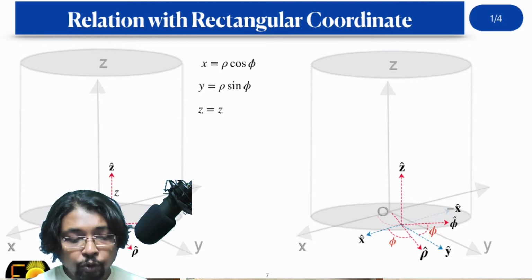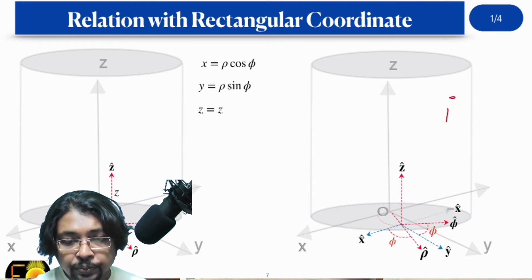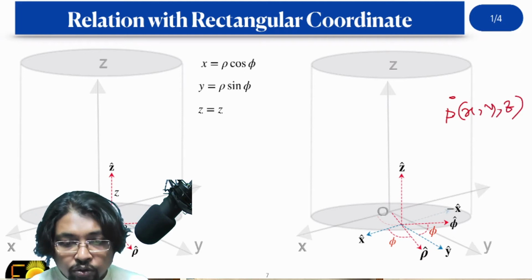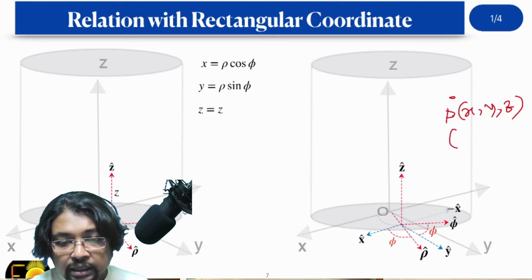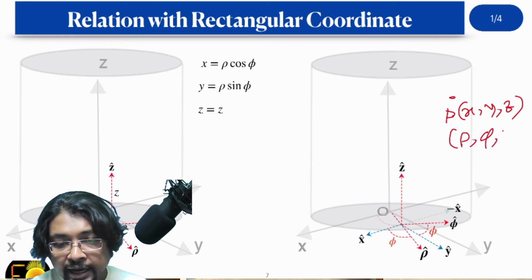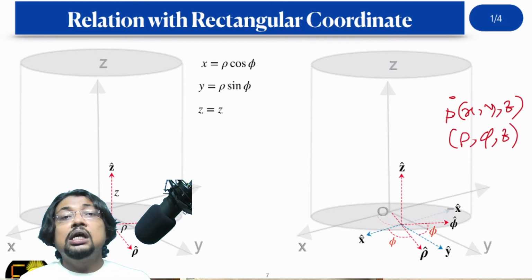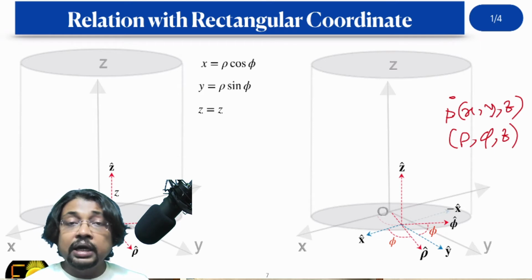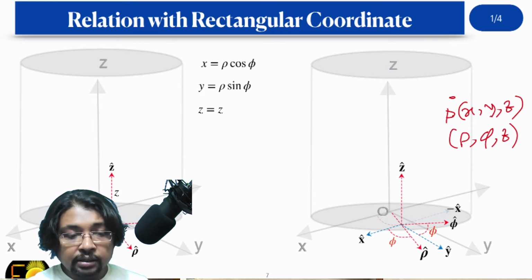That means the point, if you define it over here as P, has the coordinate x, y and z. Now, if you define that P in a cylindrical coordinate system, then it would have the coordinate rho, phi and z. So these are basically the lengths along rho, along phi and along z. And similarly, this is along x, along y and along z. So how are they related?